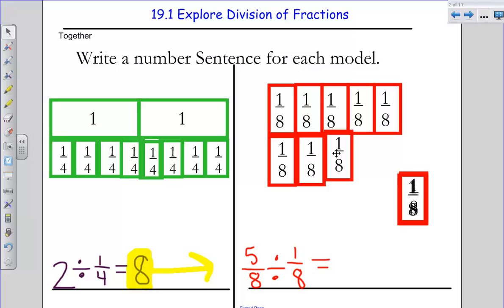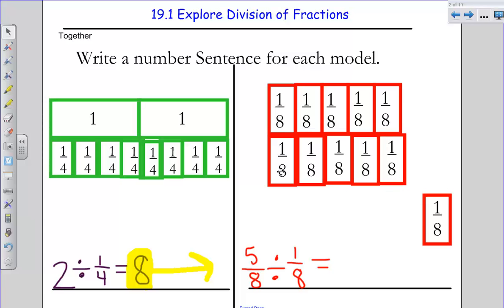So 1, 2, 3, 4, 5. What's our answer going to be? 1, 2, 3, 4, 5. My answer is 5. Again, how many 1/8 sections are going to fit into 5/8? I start with 5/8.